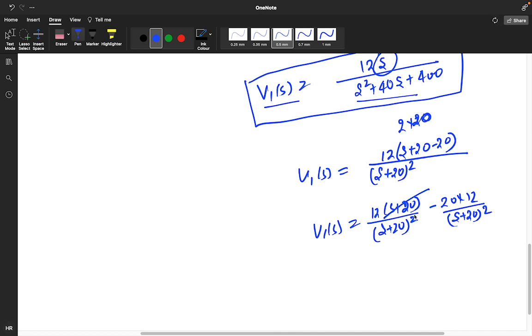So s plus 20 will get cancelled out. So v1 of s is 12 divided by s plus 20, minus 240 divided by s plus 20 the whole square.